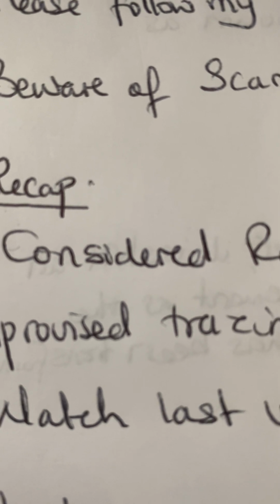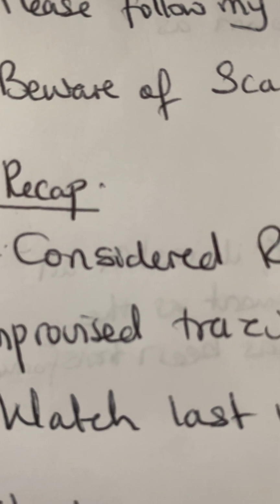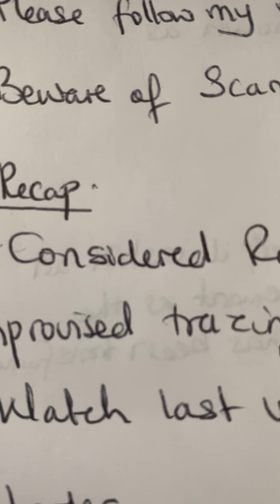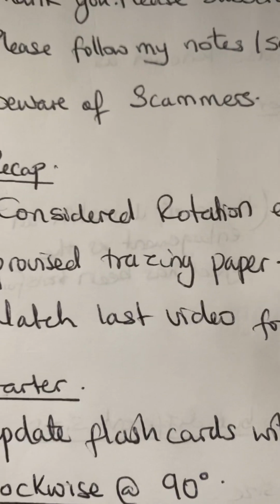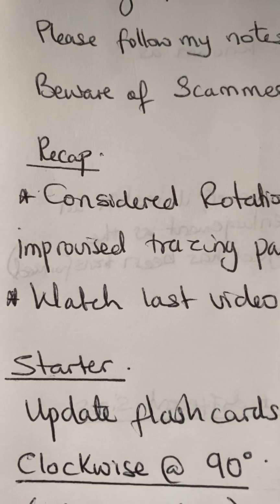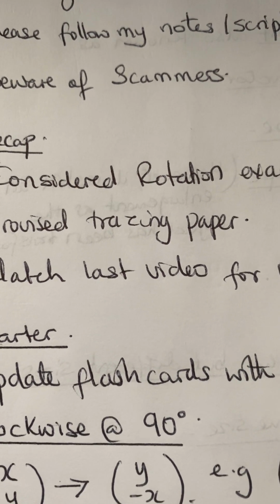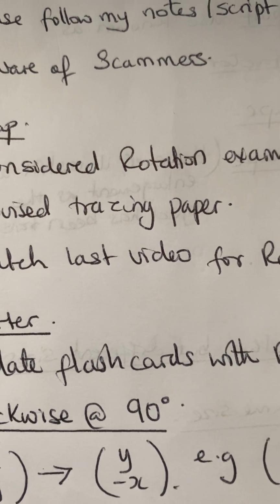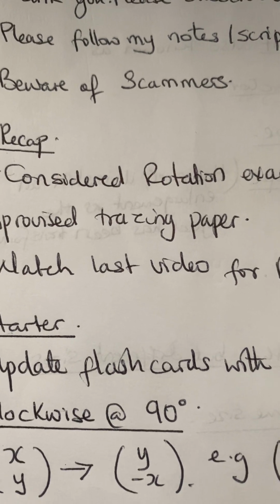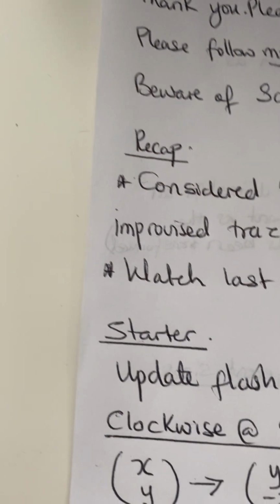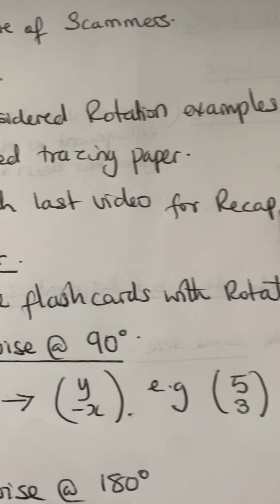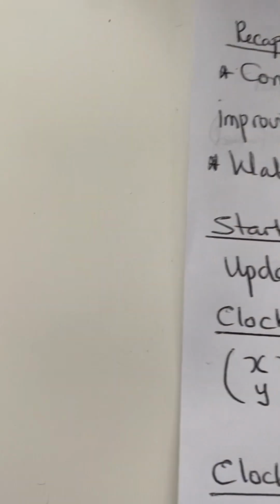But hopefully I'll get a tracing paper and use one of the starters to do a proper rotation that you can see. But I think I did justice to it. If you watch it, you'll understand. Watch the last video for recap.